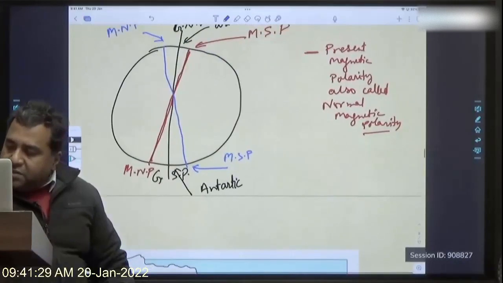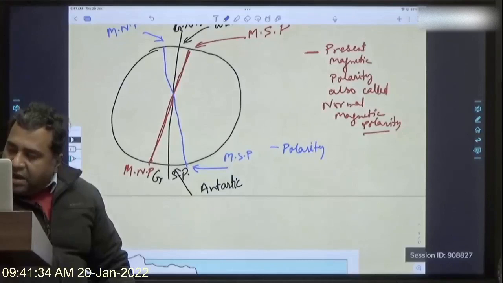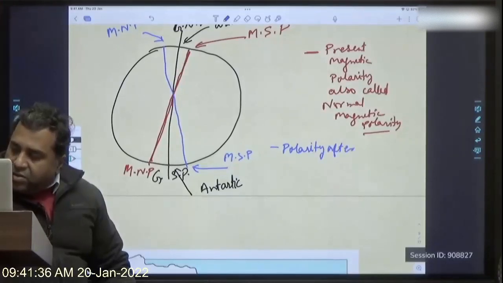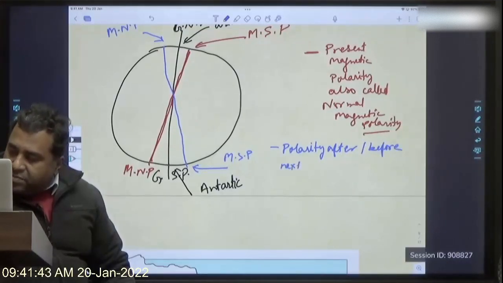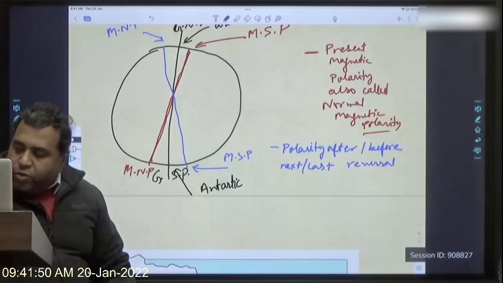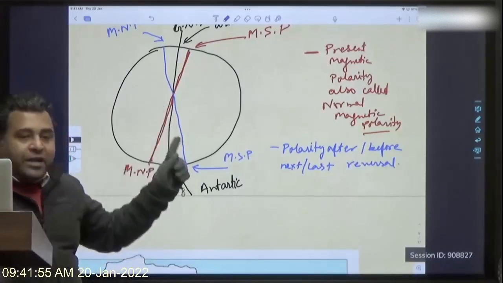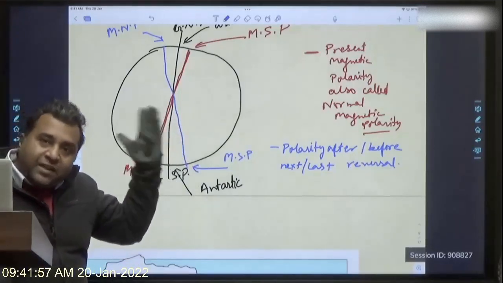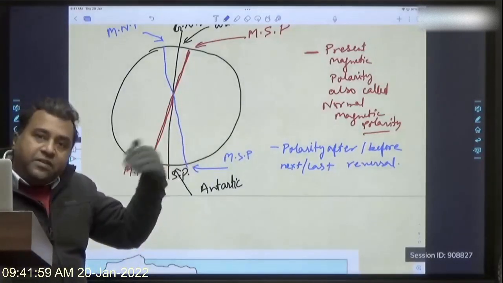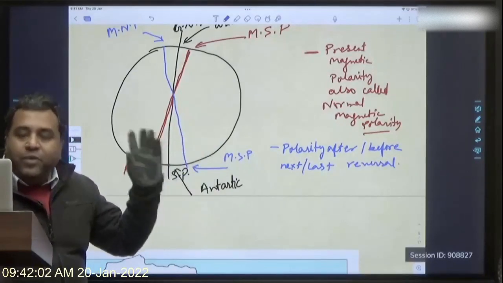So what is this? Polarity after or before, next or last reversal. Everyone knows magnetic polarity reverses on the earth. We have already discussed this. So this blue thing is the polarity which we might have had in the past, or which we will have in the future, when the polarity reverses.